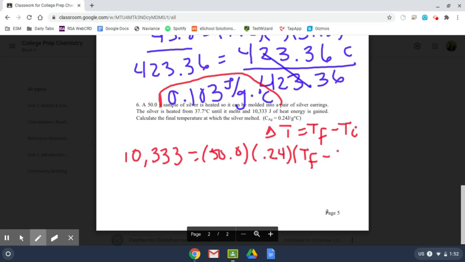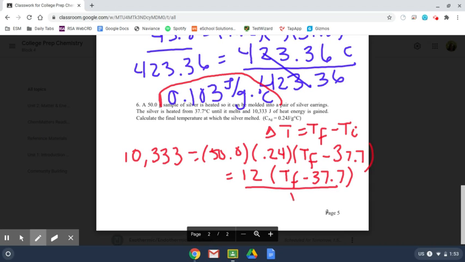Our initial temperature is 37.7. All right, so 50 times 0.24 is 12 times the quantity TF minus 37.7. This is just algebra. Equals that number.